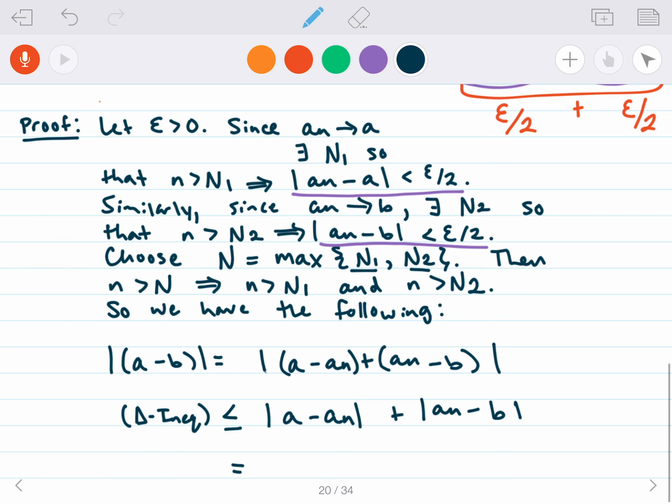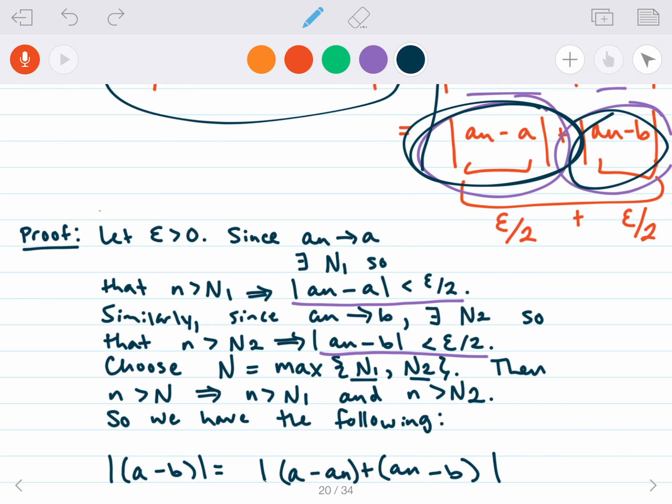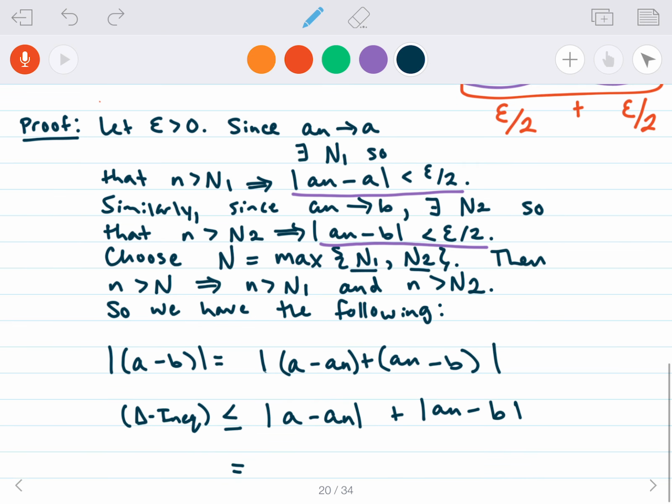Okay, and this is equal to, let's see, is it going to let me go down anymore? No, it's not going to let me go down anymore, but this is going to be equal to |a_n − a| + |a_n − b|, just based on our properties of absolute values.